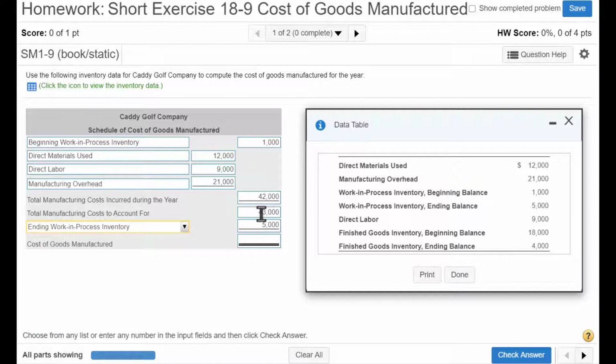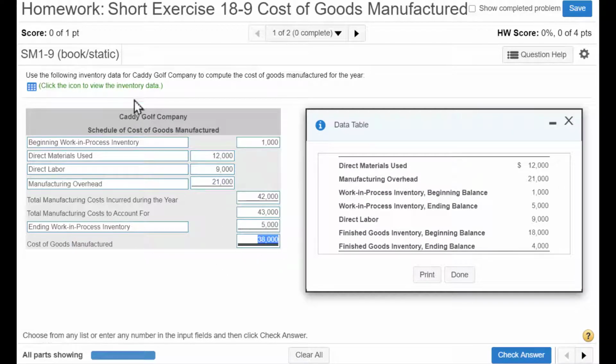Ending work in process inventory. So we had $43,000 of cost to account for. We ended up with only 5,000. That means the difference must be the amount that we manufactured, which is 38,000. So this is the cost of the goods that were manufactured in this time period.